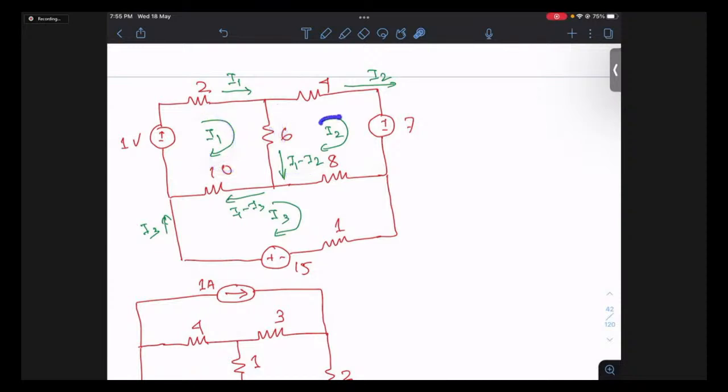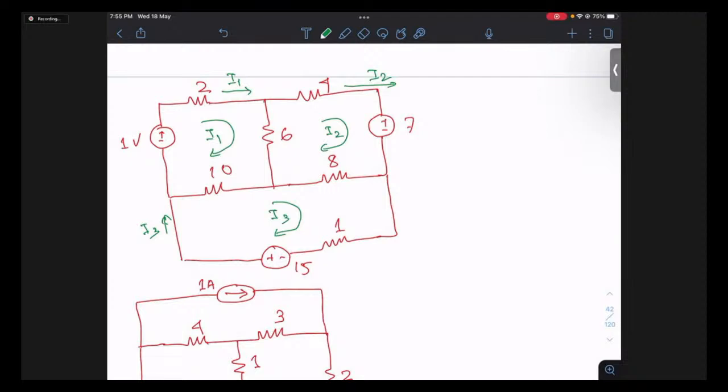But if I'm taking the reference of I2, this current will be I2 minus I1. Similarly, if I'm taking the reference of I1, this current is I1 minus I3. But if I'm taking the reference of the third mesh current, this will be I3 minus I1. So this is the point that should be kept in your mind. Okay, you see how I am making use of this concept to write the mesh equations. Then I'll tell a shortcut actually.